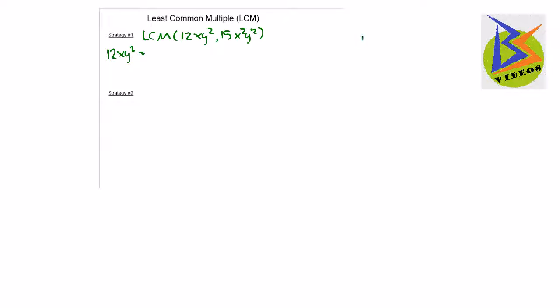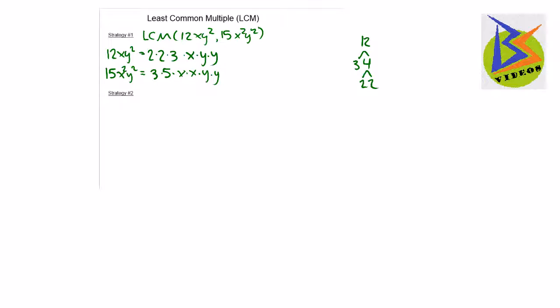We can take 12 and break it down into 3 and 4, which then breaks down into 2 and 2. So we have 2 times 2 times 3 times x times y squared, and then 15x squared y squared we can break down into 3 times 5 times x times x times y times y.